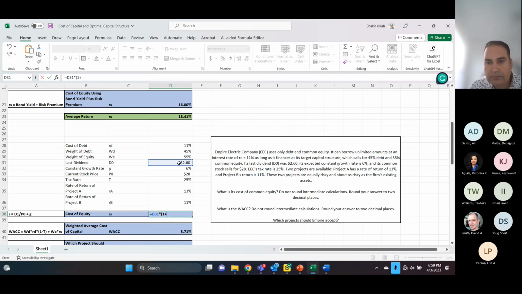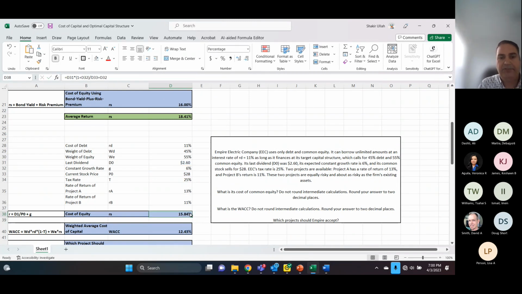Growth rate is 6%, right? Close the parenthesis, and when we do this multiplication, that will become D1, and divided by P0. P0 is $28, and then plus the growth rate, which is 6%. All right, so I got 15.84% as the cost of equity.